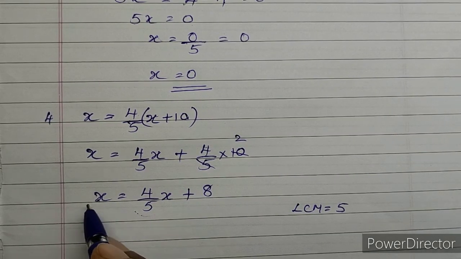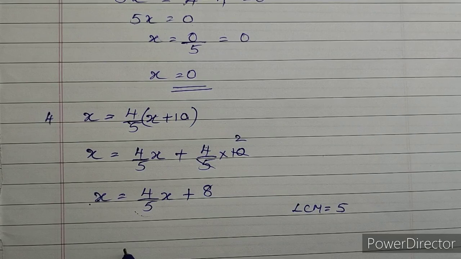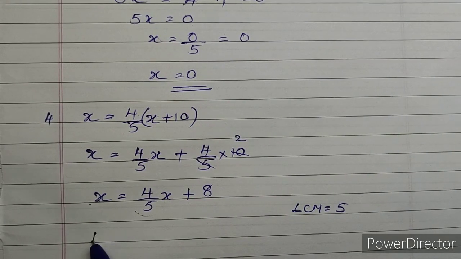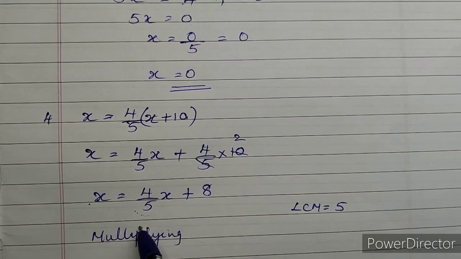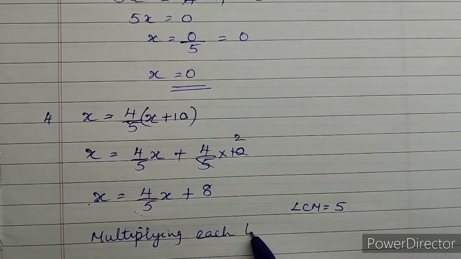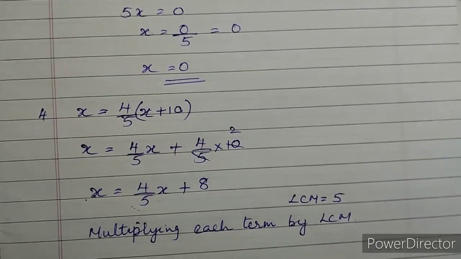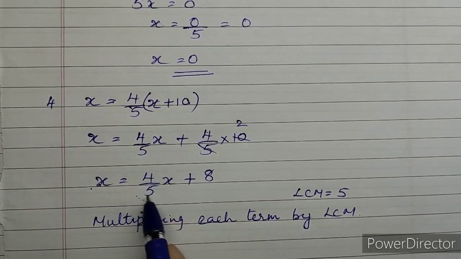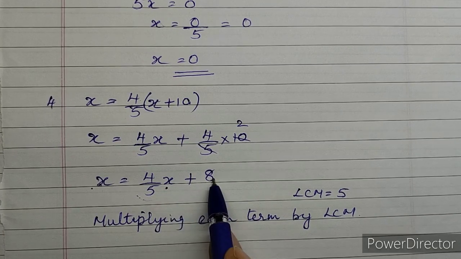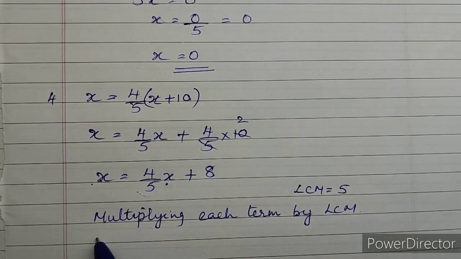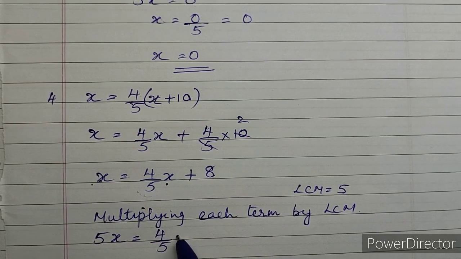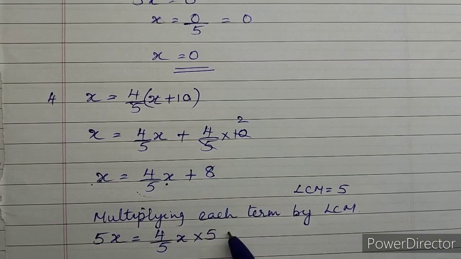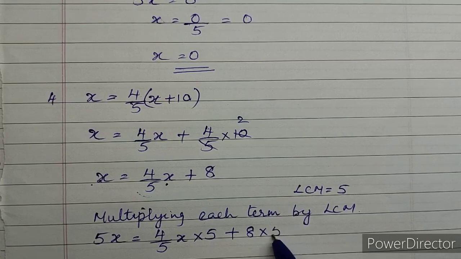That is, the LHS portion also, the RHS portion also you have to multiply by the LCM. So x also you have to multiply, 4 by 5x also you have to multiply, 8 also you have to multiply. So 5x equals 4 by 5x into 5 plus 8 into 5.